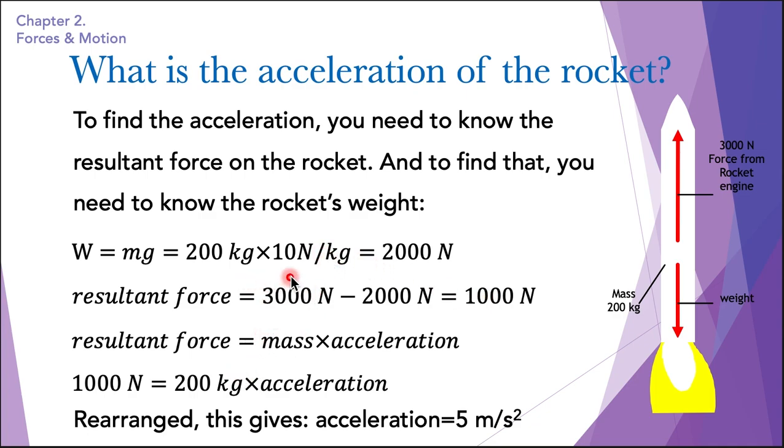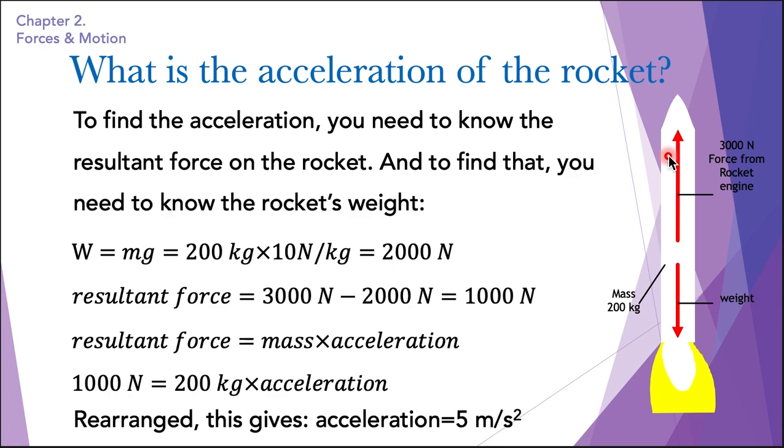So when these two get multiplied, the weight of the rocket is 2000 newtons. So now that we found the weight of the rocket, we can find the resultant force. So the downward force is 2000 and the upward force is 3000. So 3000 minus 2000 and we get 1000 newtons. So 1000 newtons is the resultant force of the rocket in the upwards direction.